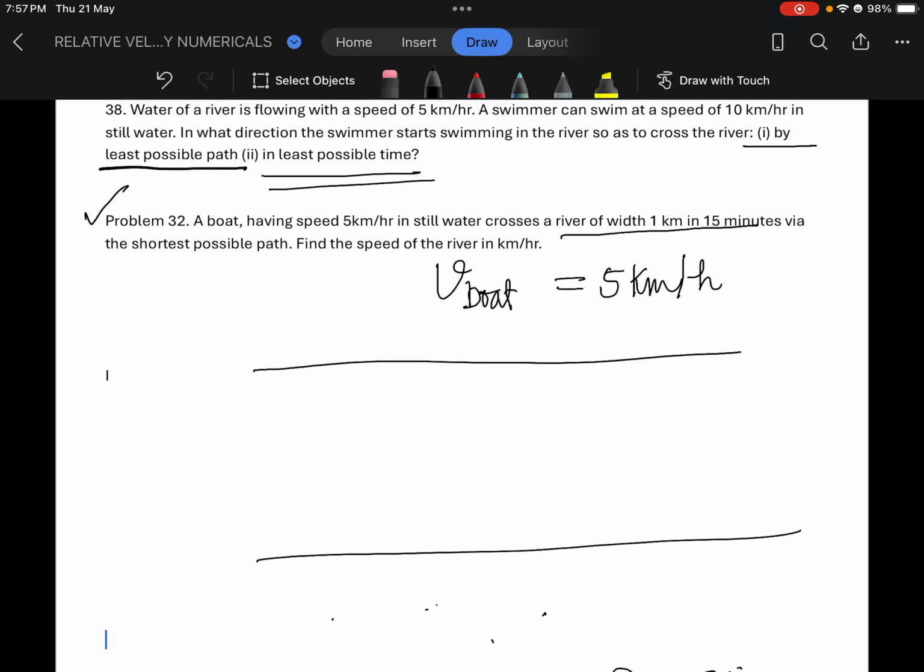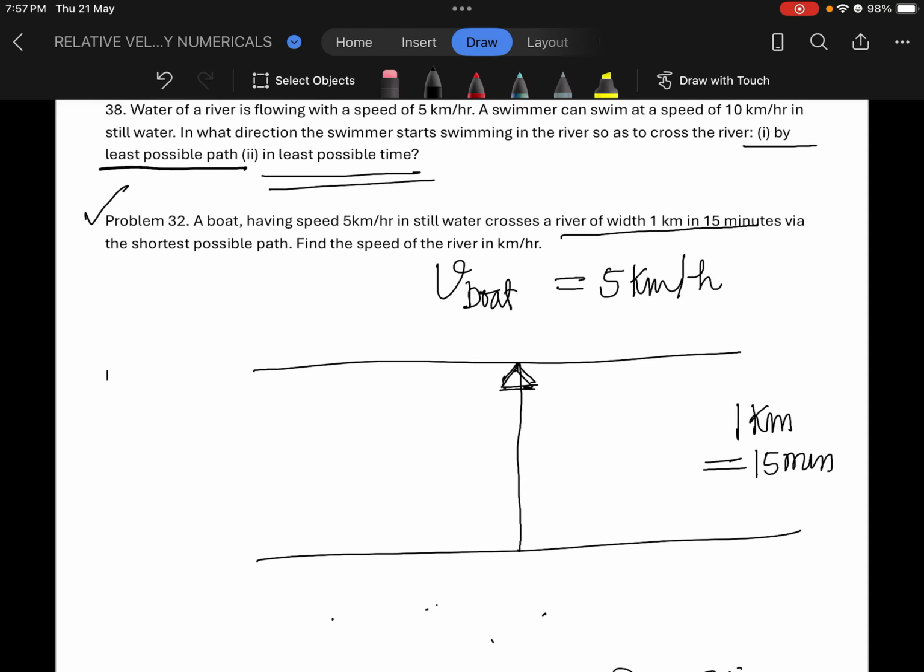So you know what the shortest possible path is. It is this. Via the shortest possible path, this is the 1 km, and the time taken to cross is 15 minutes. Means what is the speed of the boat in this direction?